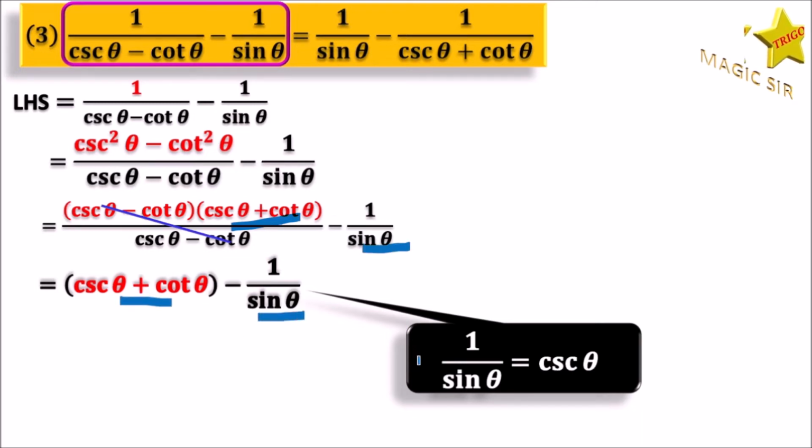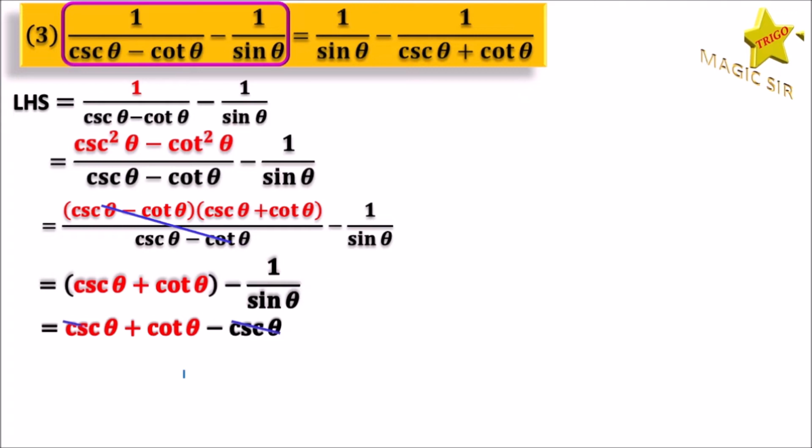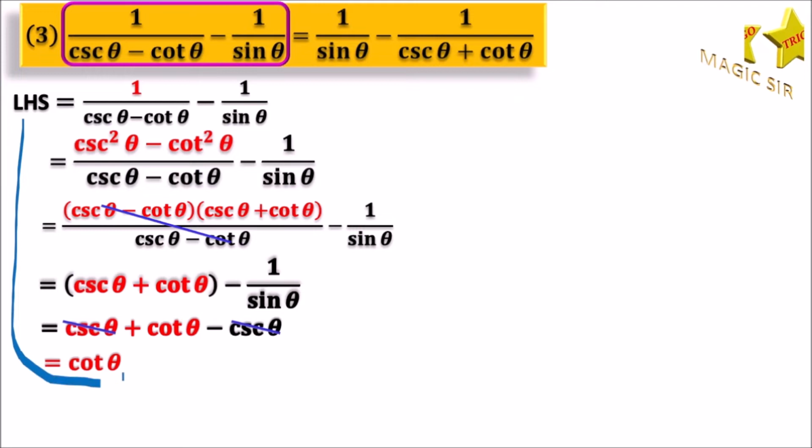But we know that 1 upon sin theta equal to cosec theta. So LHS is equal to cosec theta plus cot theta minus cosec theta. Here positive cosec theta and negative cosec theta cancel out. So LHS is equal to cot theta.